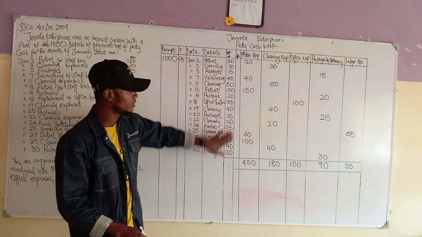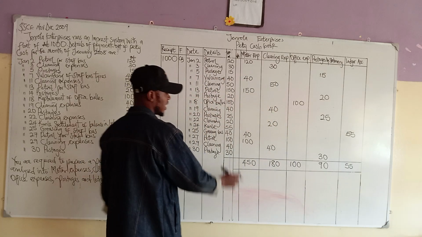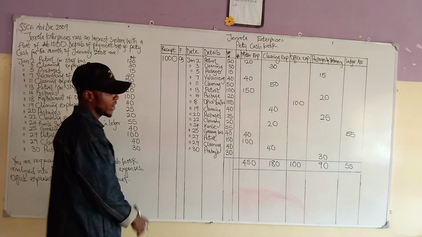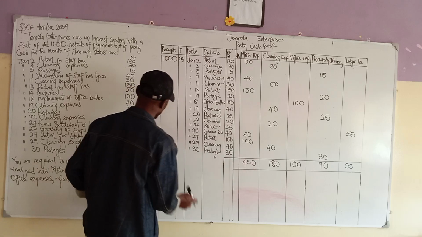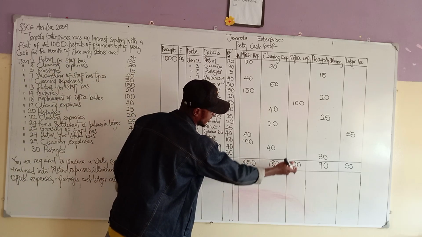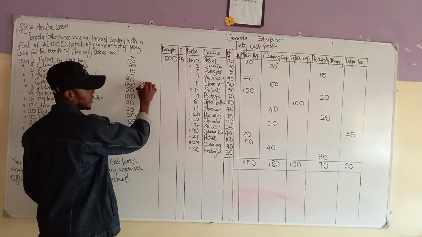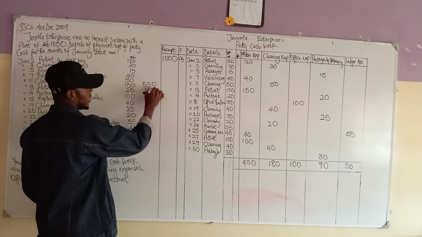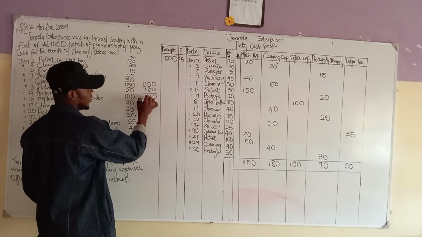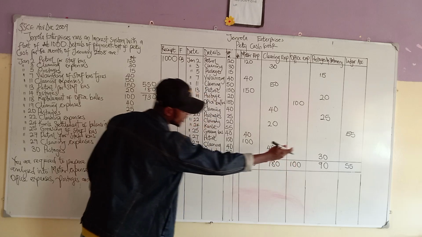Now, what do you do? You add all of this together, then you add all of this together. Then it'll give you the same figure here because it's the same expenses. So, let's do our calculation. This plus this is what? It's 550. So, 550 plus 180, this is 730. So we are done with these first three expenses.